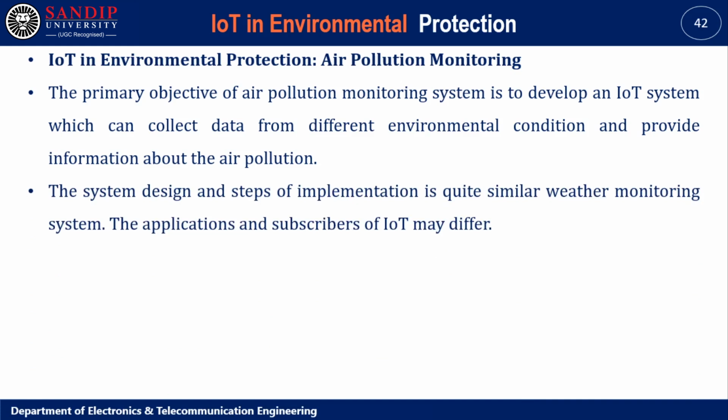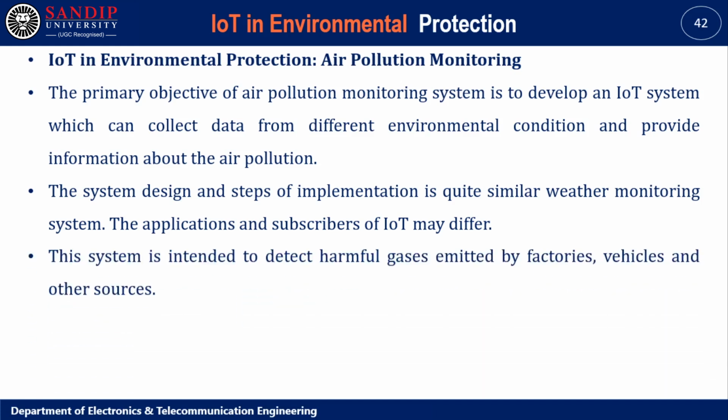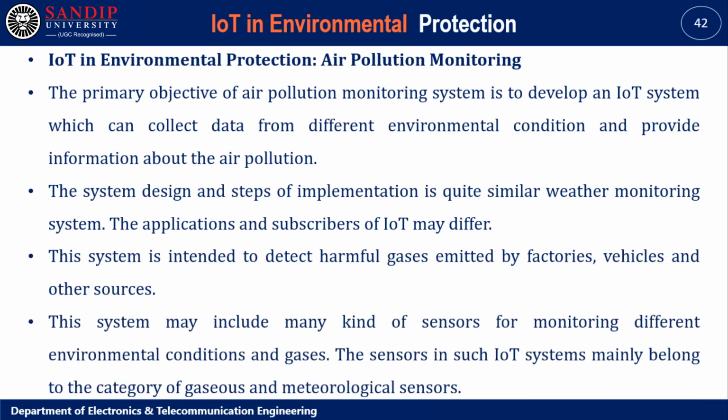The application and subscribers of the IoT may differ. This system is intended to detect harmful gases emitted by factories, vehicles, and other sources. This system may include many kinds of sensors for monitoring different environmental conditions and gases. The sensors in such an IoT system mainly belong to the category of gaseous and meteorological sensors.